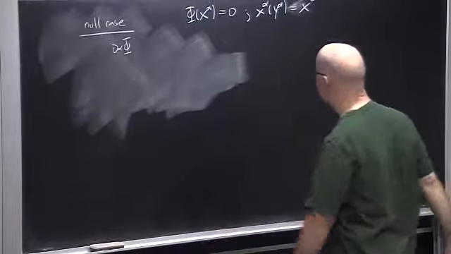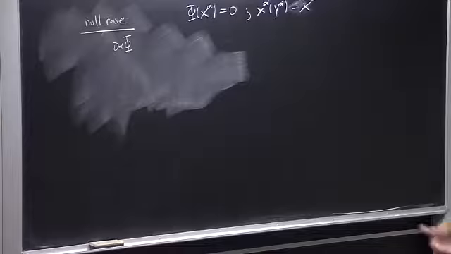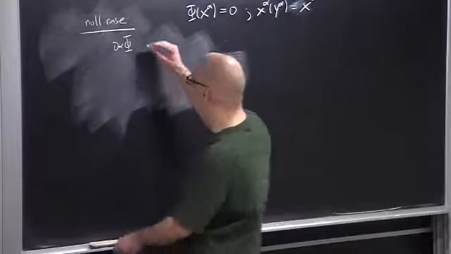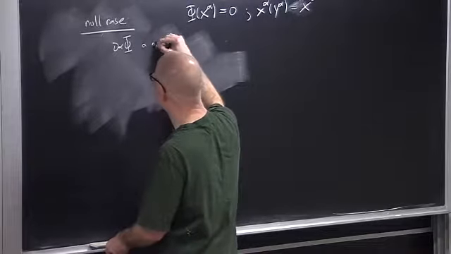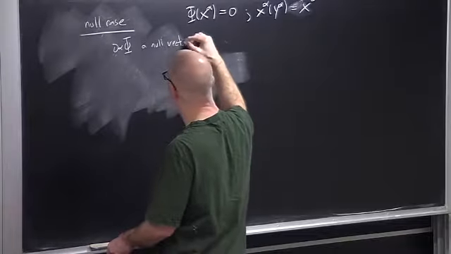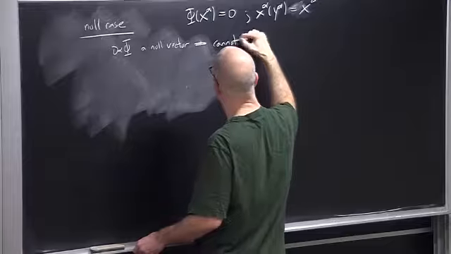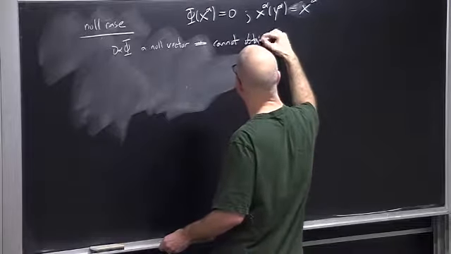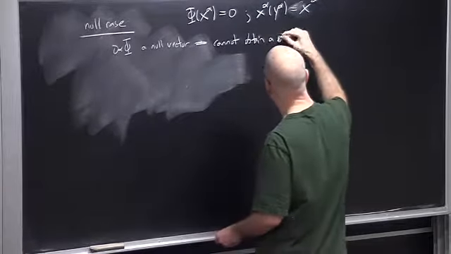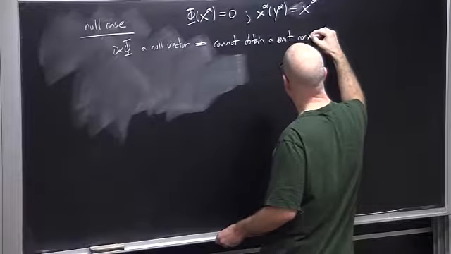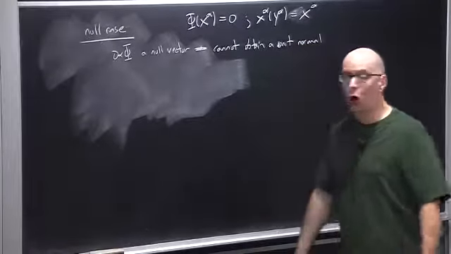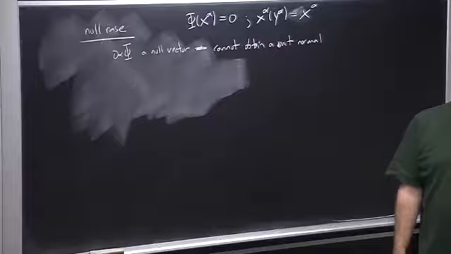In the null case, the main distinction now is that this is now a null vector, which means that we cannot obtain a unit normal. In fact, the normal that I would get from this is guaranteed to be a null vector.